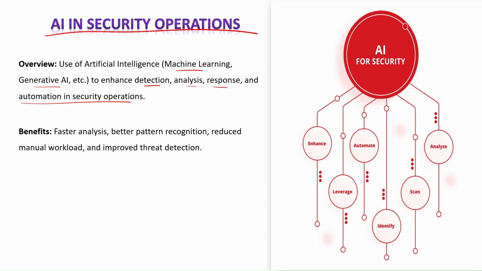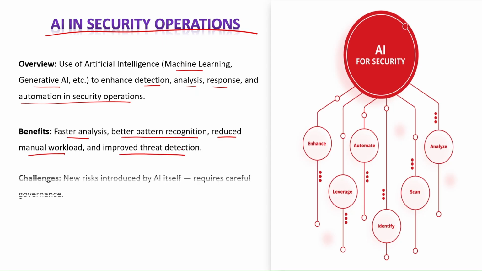Benefits of using AI are faster analysis, better pattern recognition, reduced manual workload, and improved threat detection. Some challenges with AI include new risks introduced by AI itself, which requires careful governance.